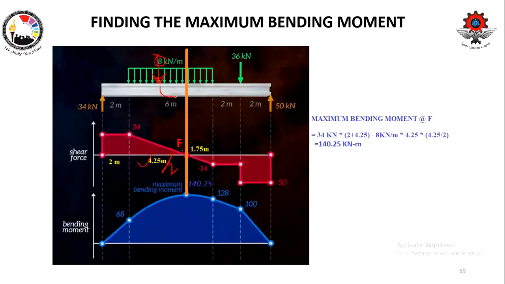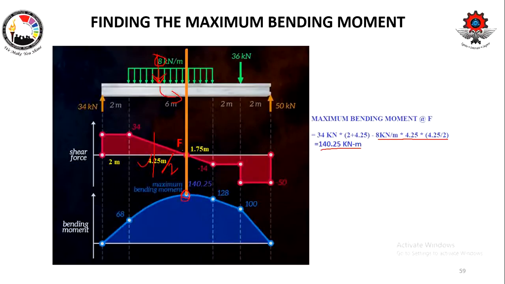The distance is going to be 2.125. So that is what I have written here, 8 into 4.25 into 4.25 by 2. Solving this, you will get 140.25 kilonewton meter.